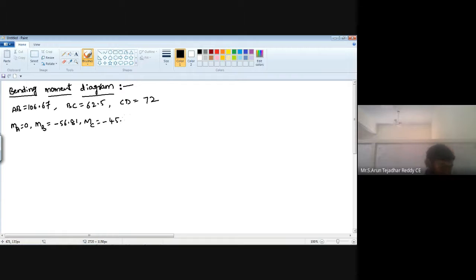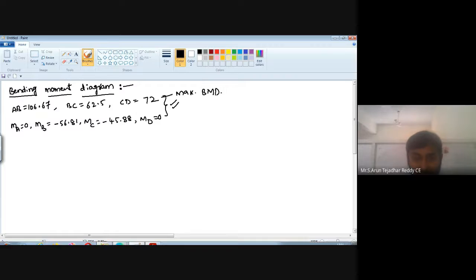Minus, I think, 45.88, and MD is equal to 0. See, these values we got previously. You can open your notebooks and check whether the values are correct or wrong. Okay, so based on these values, first draw the maximum bending moment diagram.